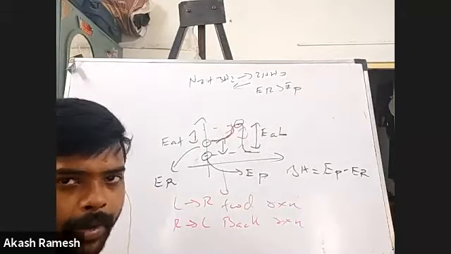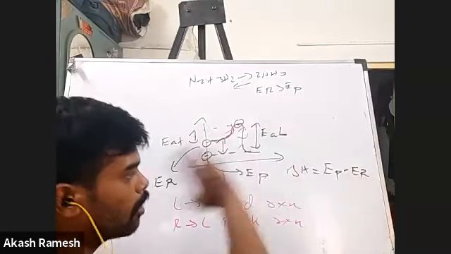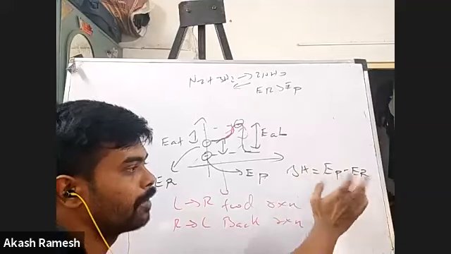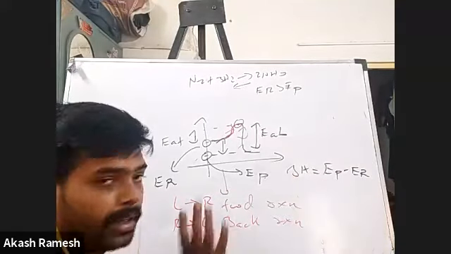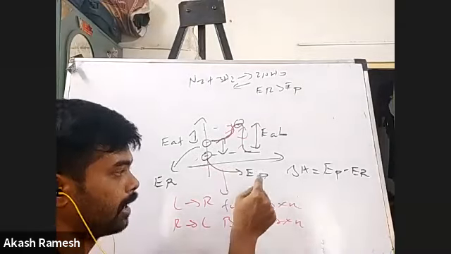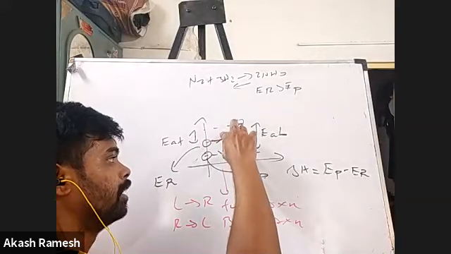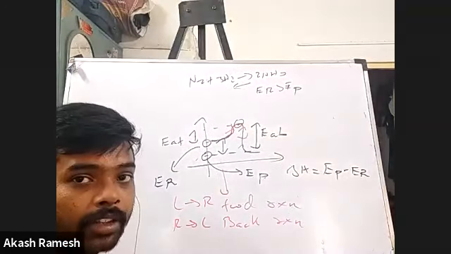I'm not talking about the activation energies now. I'm just talking about from the graph itself. How do I calculate, with the help of energy of reactants and products, the enthalpy value? So I know this is the enthalpy of products. This is the enthalpy of reactants. So if I subtract them, this is the length which I'm going to get.